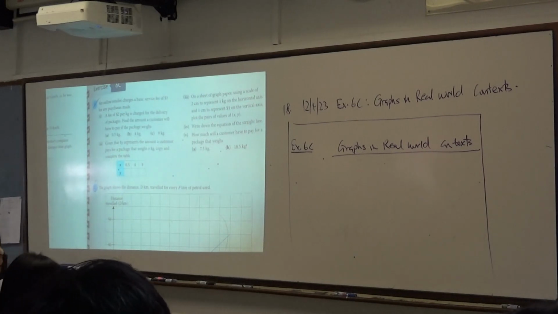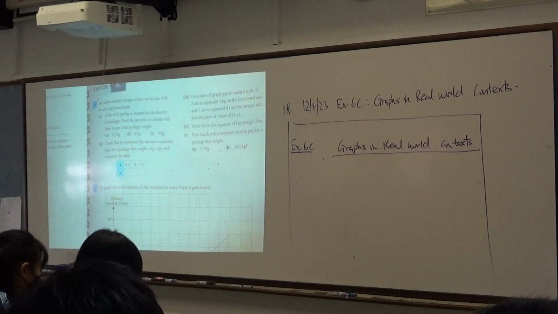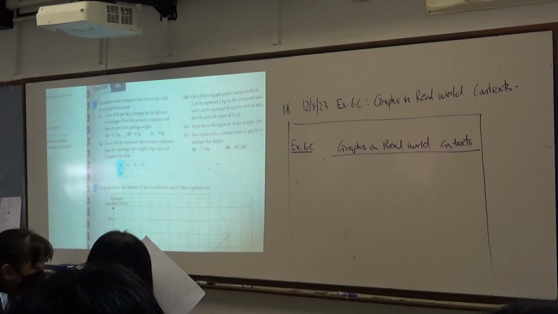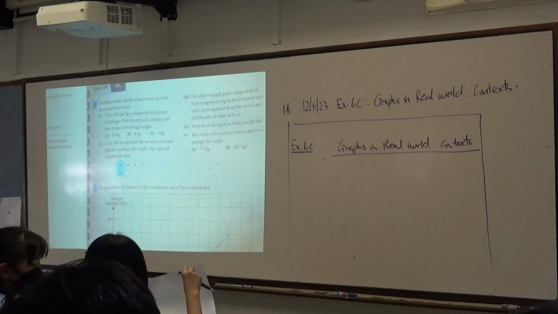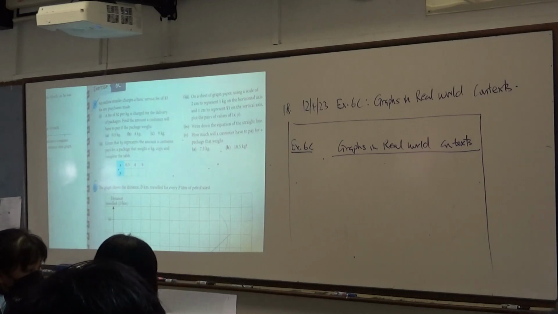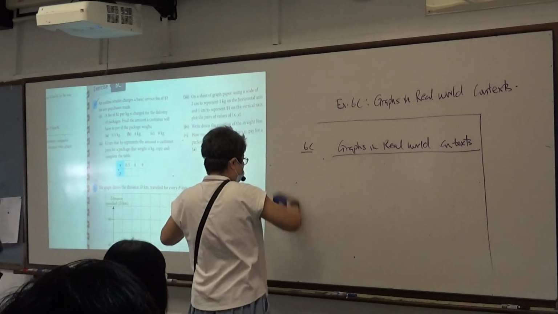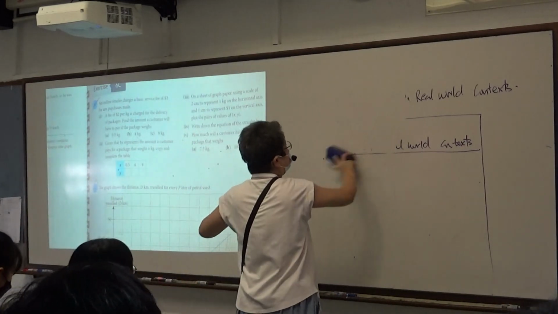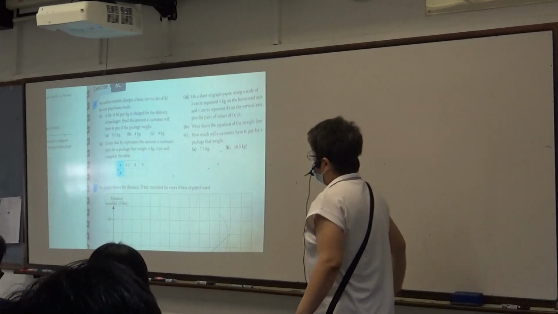Okay, let's look at question number 1. Are we ready? Not ready yet. Okay. Go wait a while. Turn to the back of the graph paper. Okay, all of you turn to the back of the graph paper.